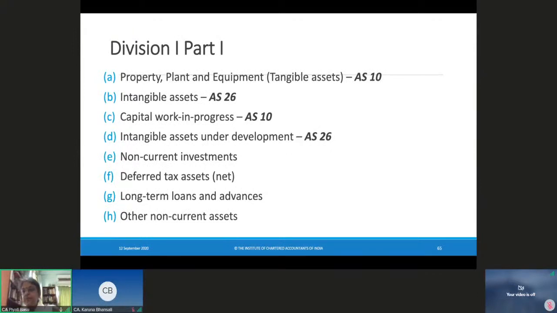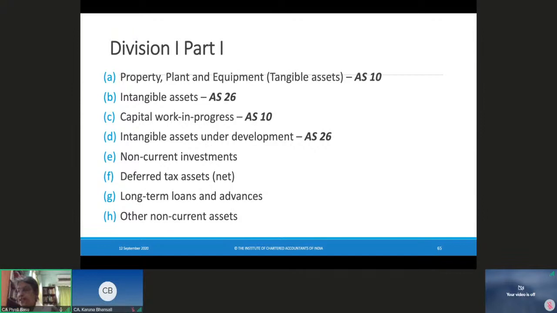Recipes, copyrights, recipe formulas for some manufacturing units. I don't have to name a company that manufactures fast-moving items, but they would all have some recipe, and that is their asset. Also designs and models, licenses and franchises.